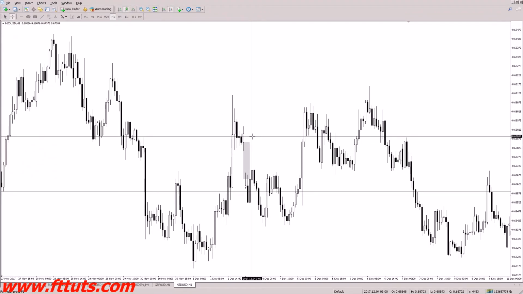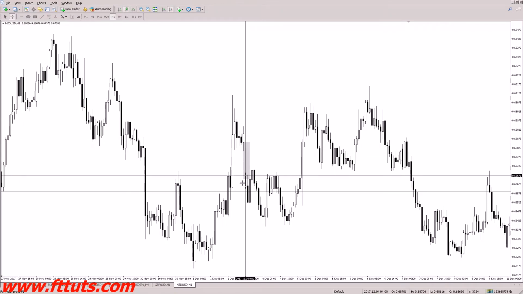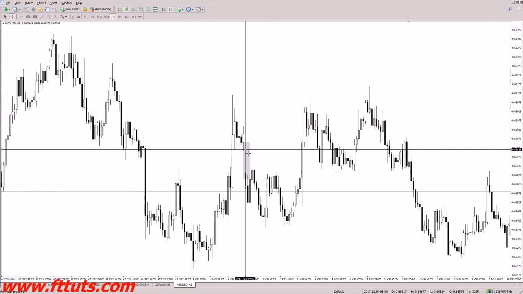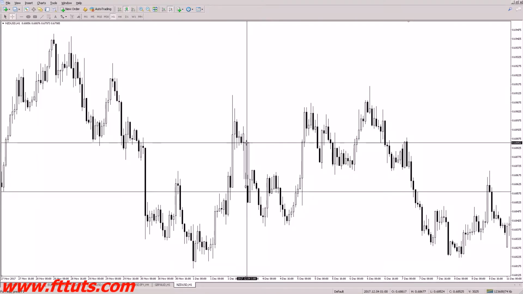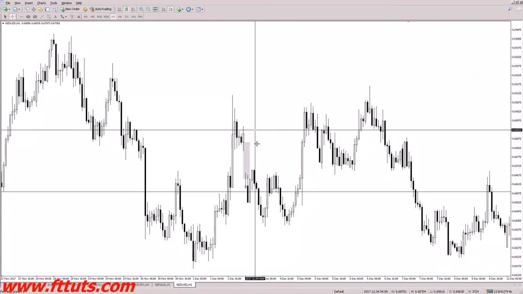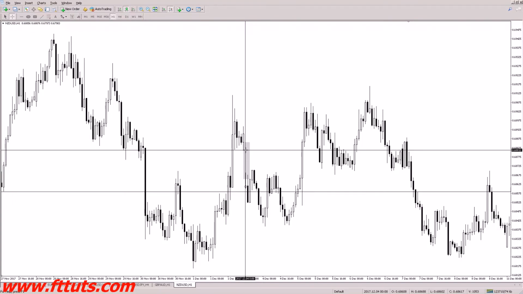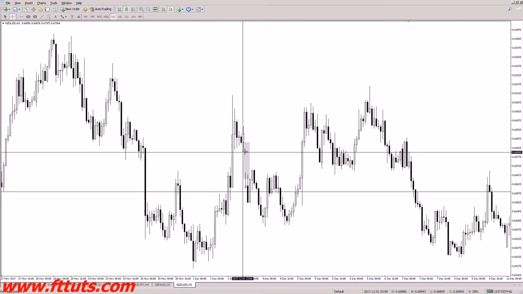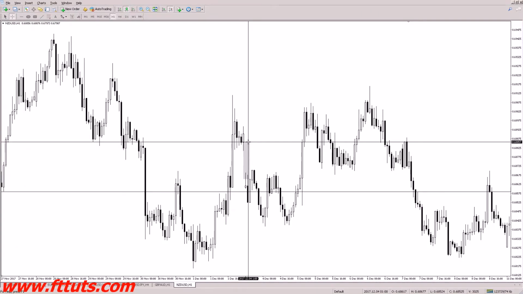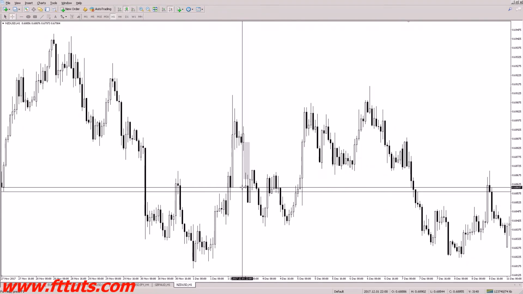What will usually happen on a Monday or a Tuesday, well, usually Monday, is that you will get price open way below where it closed, or way above where it closed, right? In this situation, price closed around here, wicked down and ran back up into the range. It closed there on a Friday, and on Monday, that's where it opened. So we've got a good 25 pips of range that has not been filled.